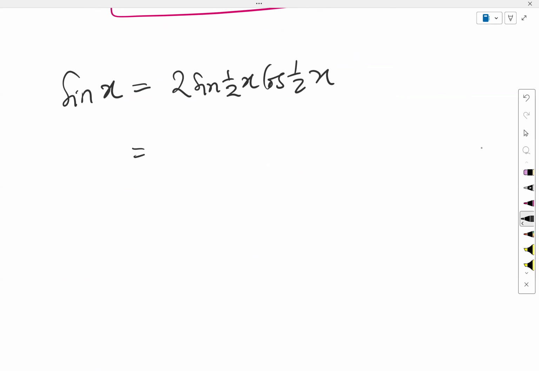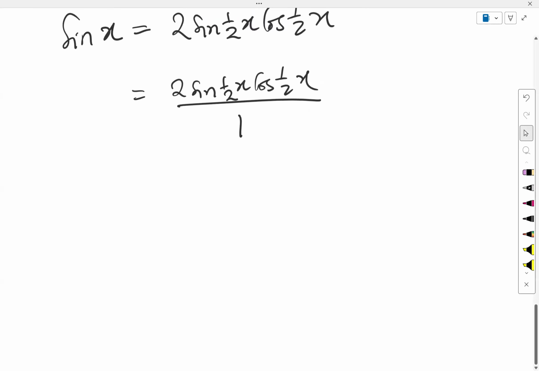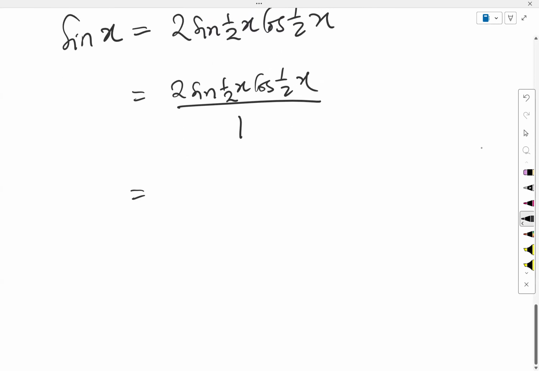You remember that this expression doesn't change if you divide it by 1, right? So if you have 2 sine half x cos half x divided by 1, nothing has changed, because anything divided by 1 remains the same. But then we have a plan, because we are dealing with trig and we are working towards getting tan half x out. We remember from the law of trig that sine squared half x plus cos squared half x is equal to 1.